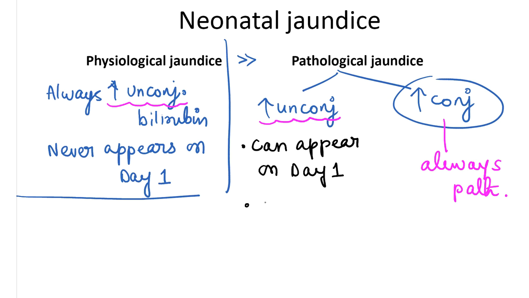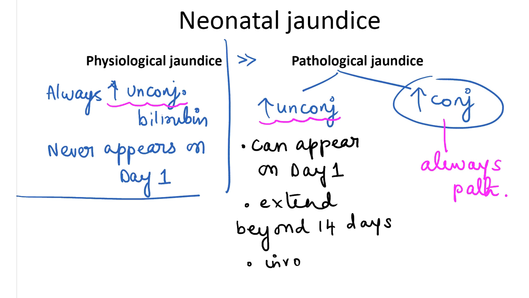Second point to be remembered is that it can extend beyond 14 days, because in normal babies usually the jaundice lasts only up to a maximum of 14 days, but in pathological jaundice it extends beyond 14 days. Able to follow? Then the third point is that pathological jaundice can involve the danger zone.